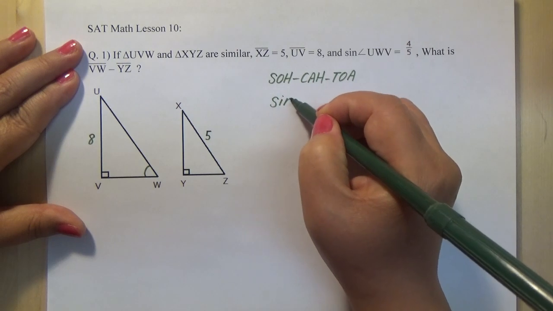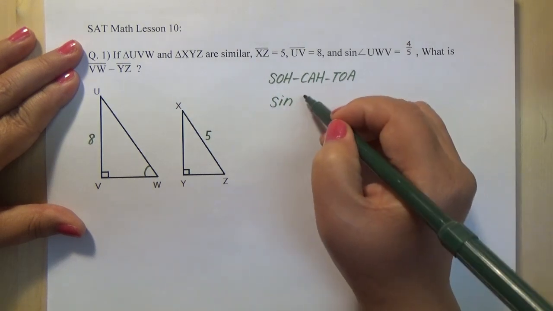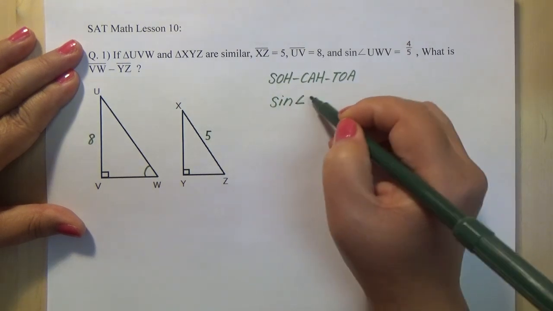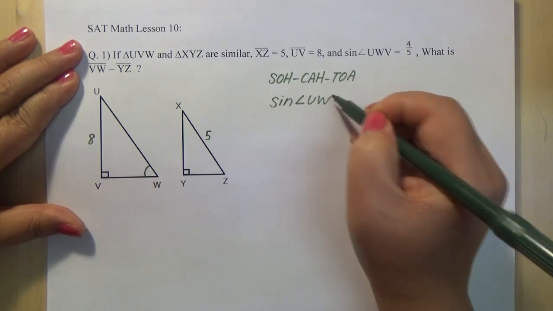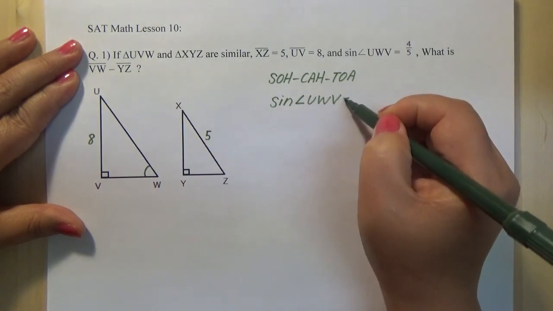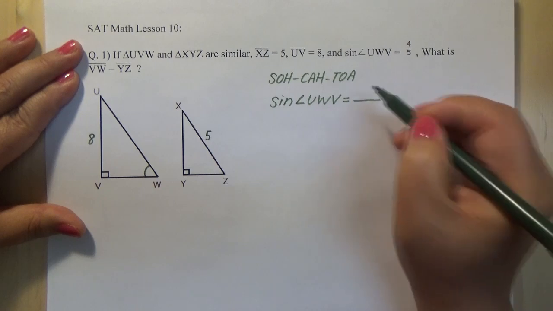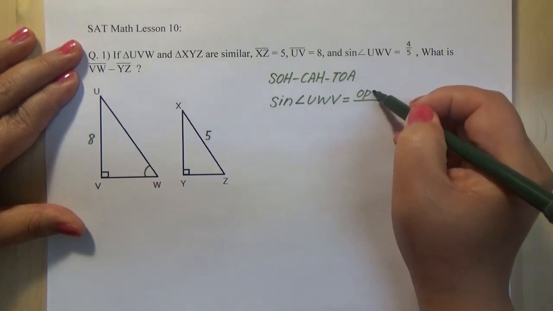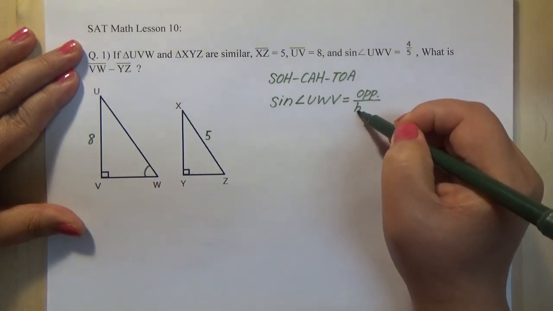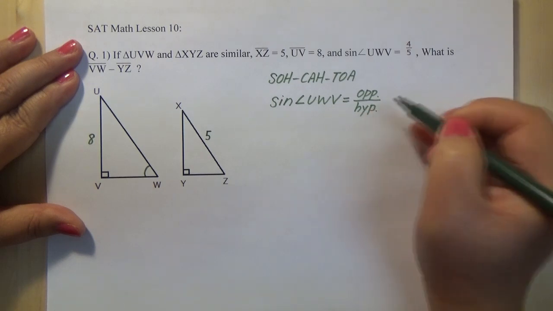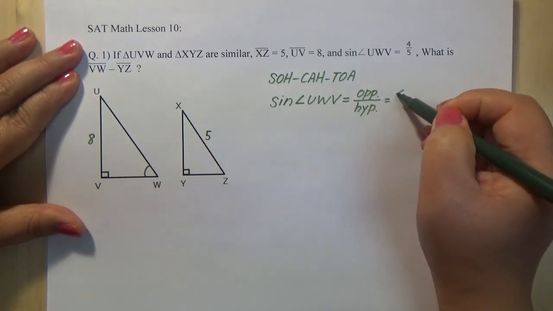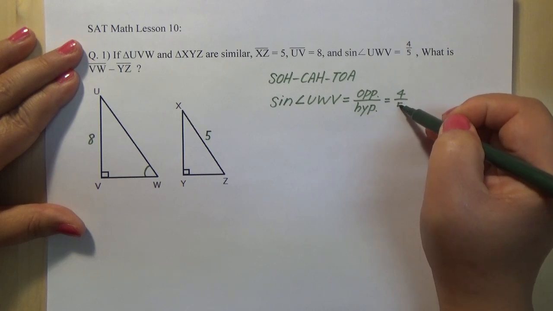So that is, sine of angle UWV is equal to opposite over hypotenuse, which is 4 over 5.